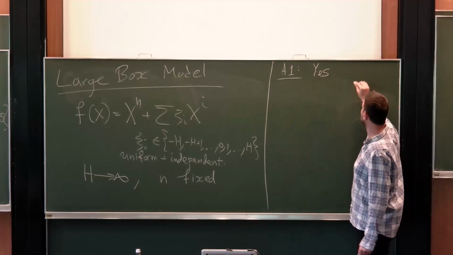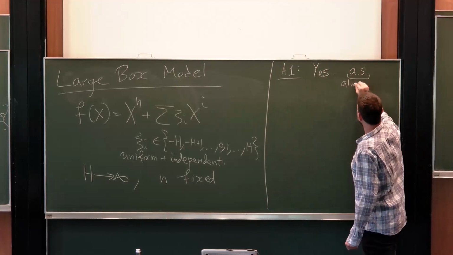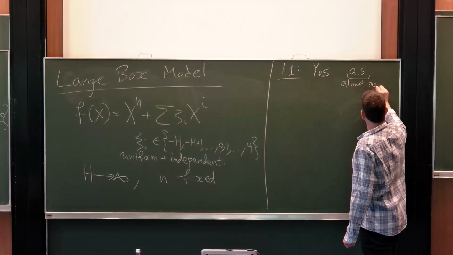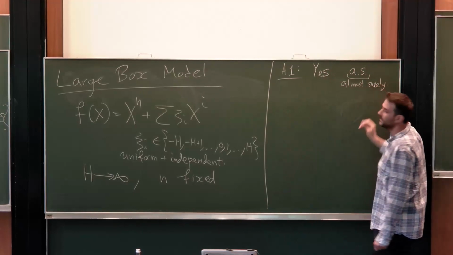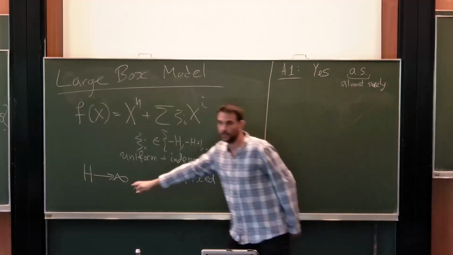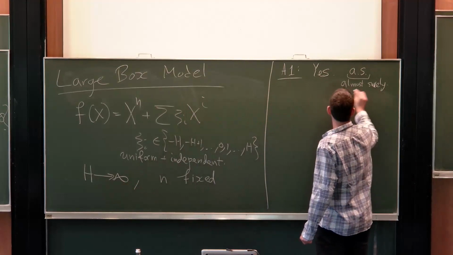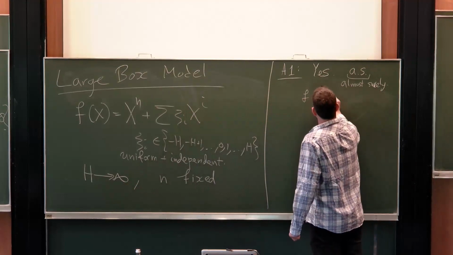almost all polynomials, almost surely, and when I say almost surely, I mean that the probability tends to 1 as the parameter goes to infinity. Okay. So yes, almost surely f is irreducible.